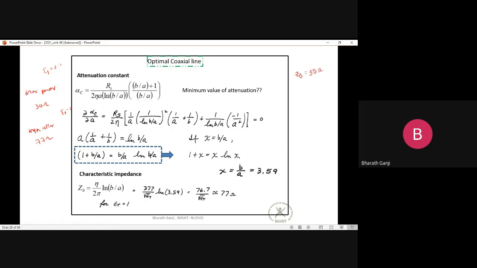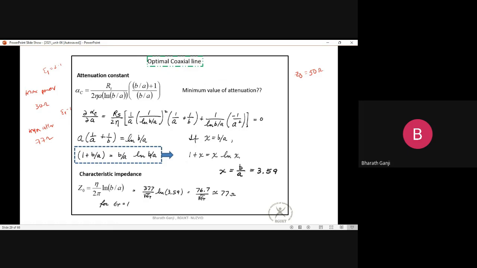When I was dealing with the transmission lines, I told you that in RF circuits, most of the time we'll be using a 50 ohm transmission line. And there is a reason behind using 50 ohm.